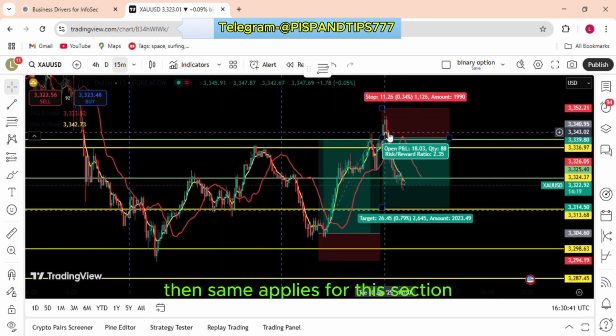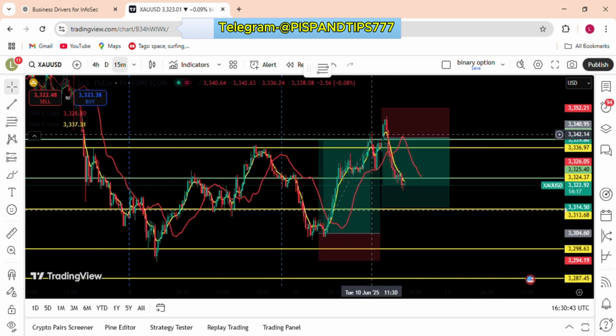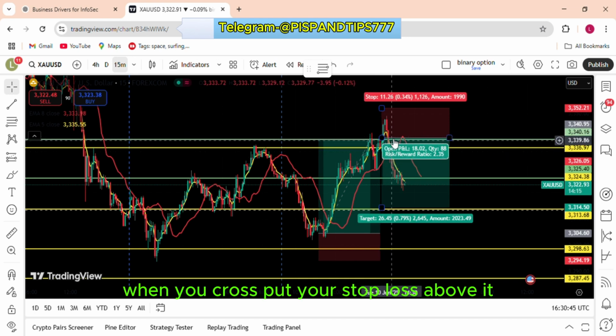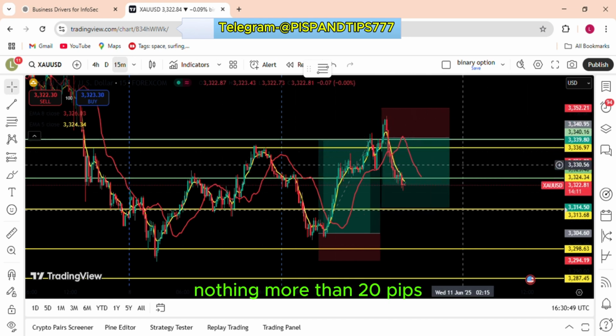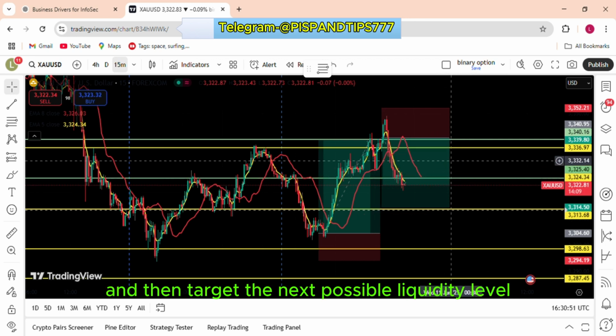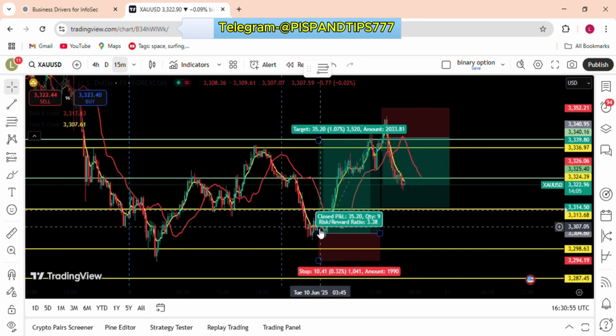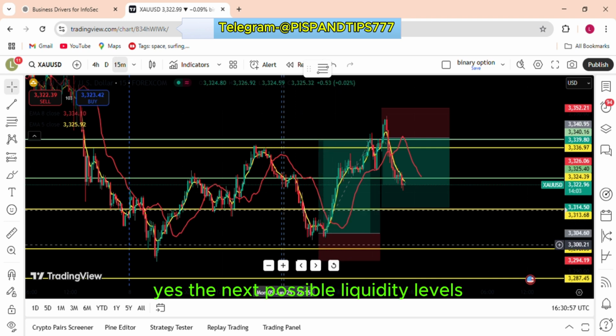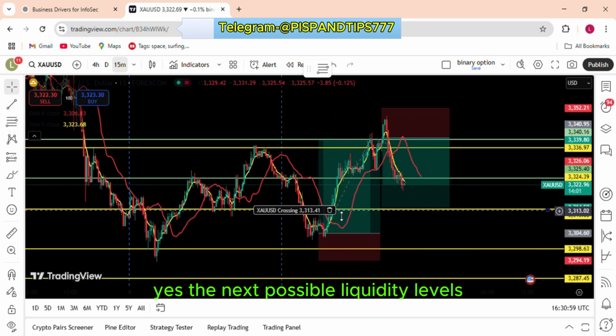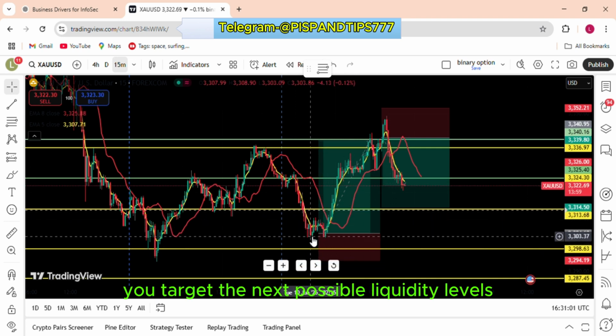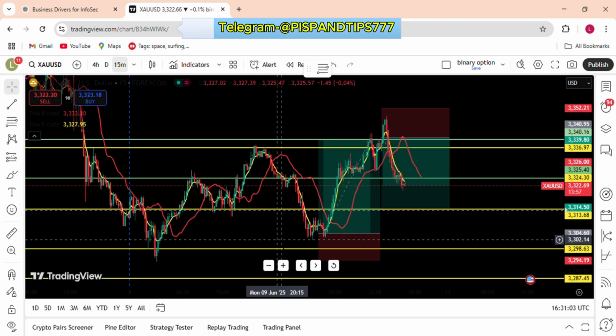The same applies for this section. When it crosses, put your stop loss above it, nothing more than 20 pips, and then target the next possible liquidity level.